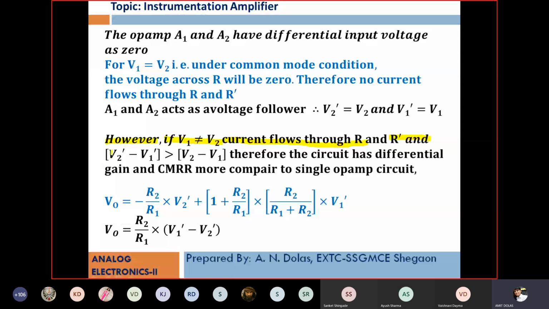We will take the condition that V2 dash minus V1 dash is greater than V2 minus V1. Therefore, the circuit has differential gain and CMRR more compared to a single op amp circuit. Now we will write the equation.